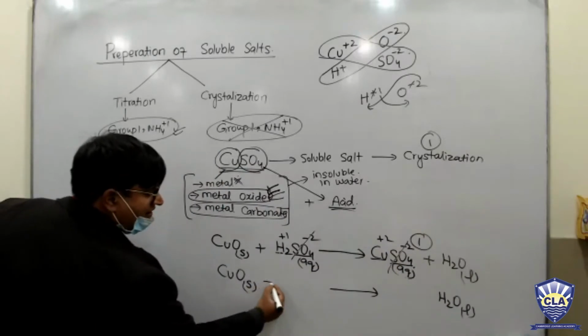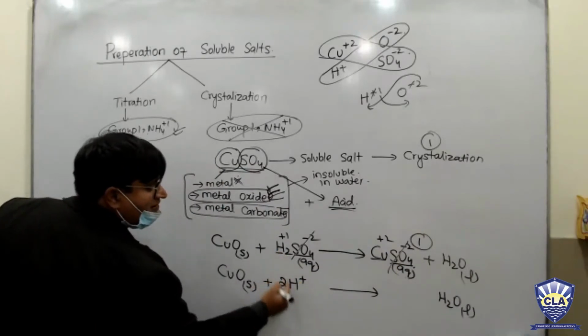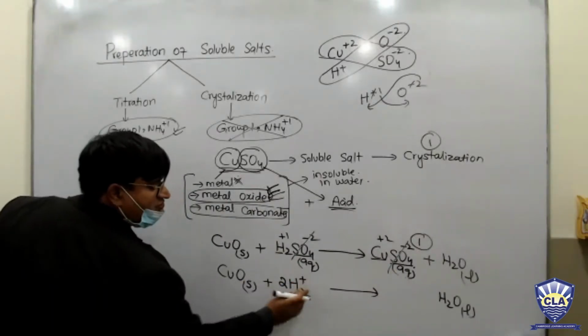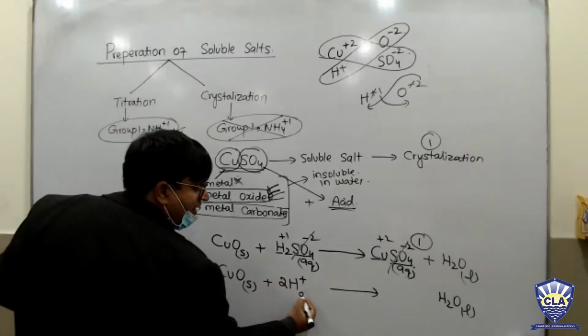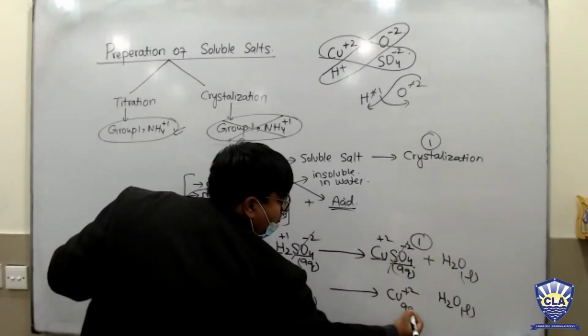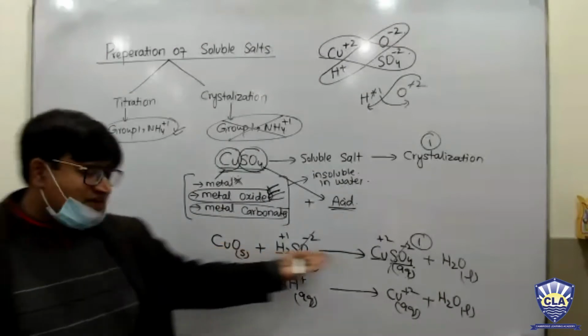So what would be your ionic equation? This is H positive, and 2 should be written at the start of it. Don't write H2 positive, just write H positive, and 2 should be written at the start. And this is aqueous, and this is Cu plus 2. This is also aqueous. So this is the ionic equation for this reaction.